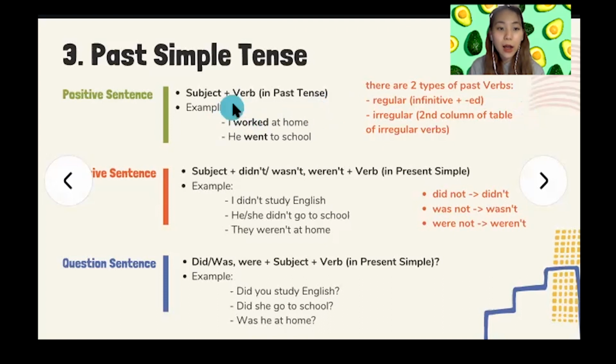For example, I worked at home. Worked, you add ed behind it. I worked at home. For irregular verbs, he went to school, but he went, okay? He went, but this verb in infinitive form will be he goes to school, okay?